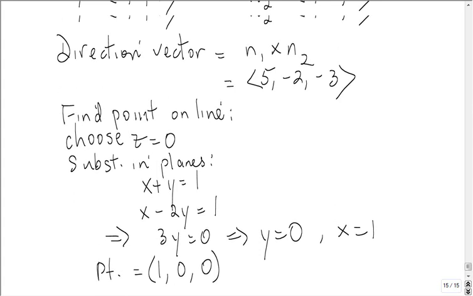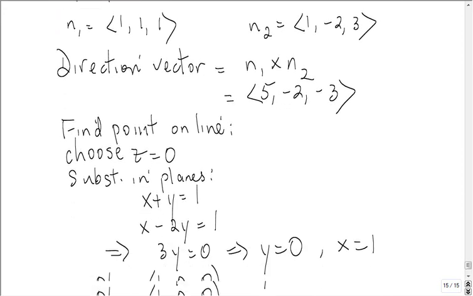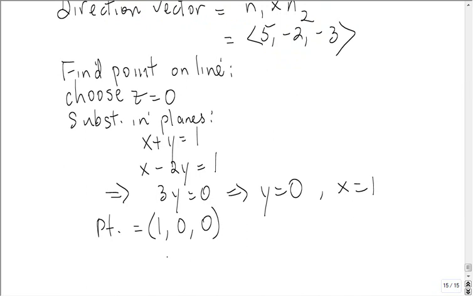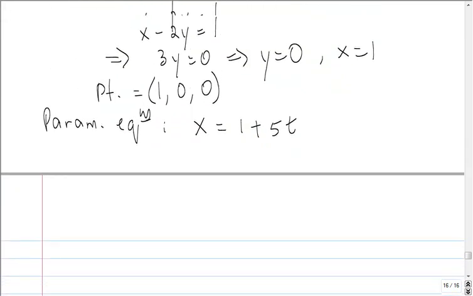Now, what did I ask you to find? Parametric equations? Okay. So we have the point, we have the direction vector. So the parametric equations: x equals 1 plus 5t. Oops. Not much space there.